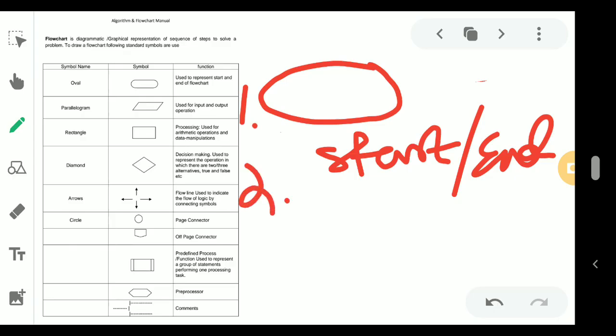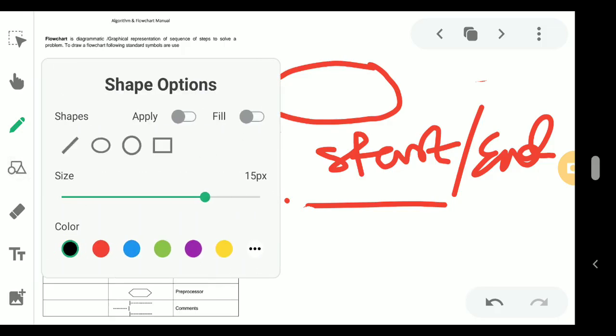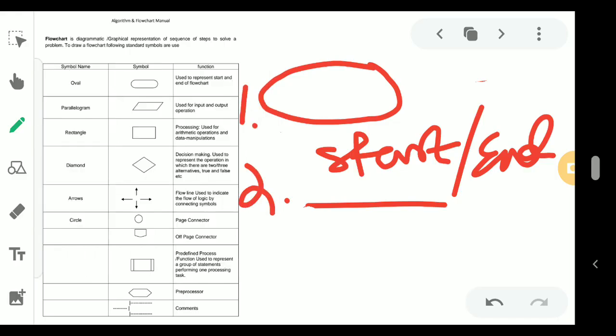Number two is the parallelogram. Please bear with my drawing, maybe it is not perfect. This parallelogram is actually used for taking input and output.